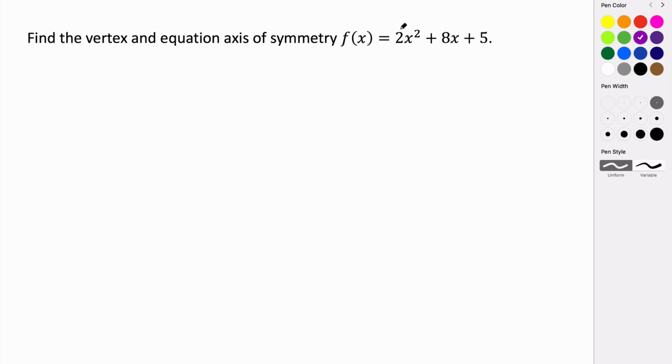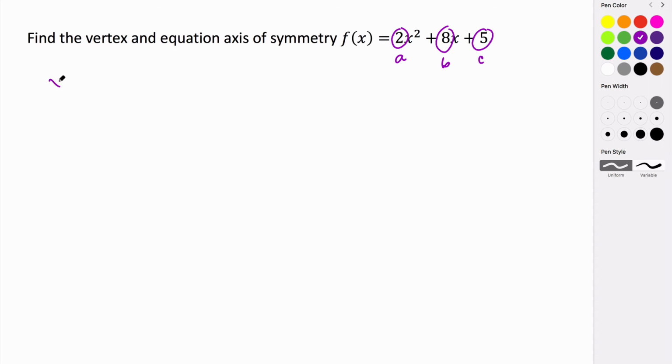So the 2 here is a, 8 is b, and 5 is c. Now they do take the signs that are in front of them, but in this case they're all positive. To find the equation for the axis of symmetry, usually this is what you're going to do first, because then you use that value to find the vertex.